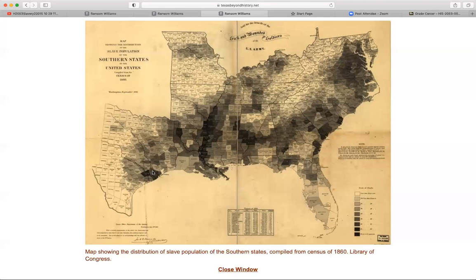But the awful reality is that you didn't have to own a slave to have access to slave labor, that you could rent out a slave for a year from a master. Okay, so slavery insinuated itself almost completely into Texas life, much more than the figures would even indicate.